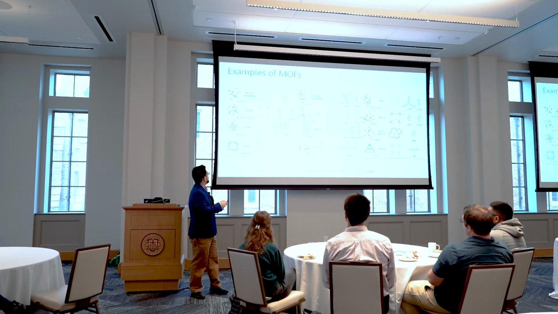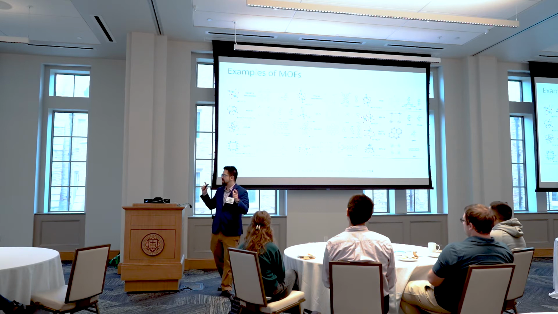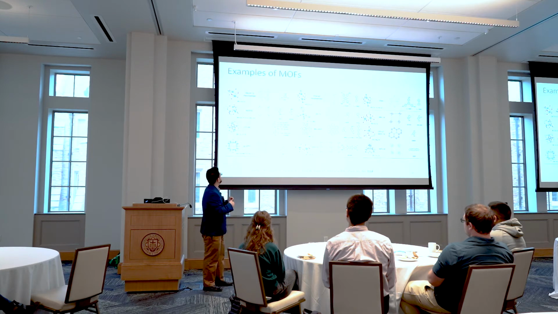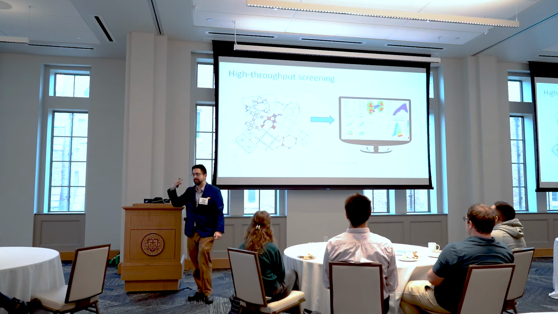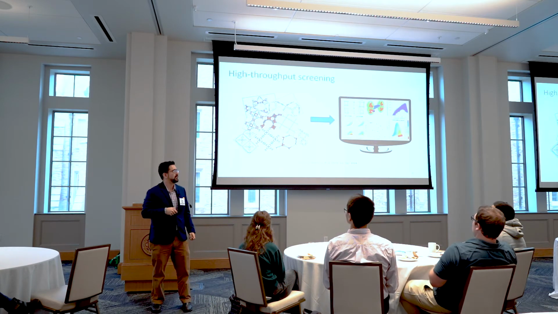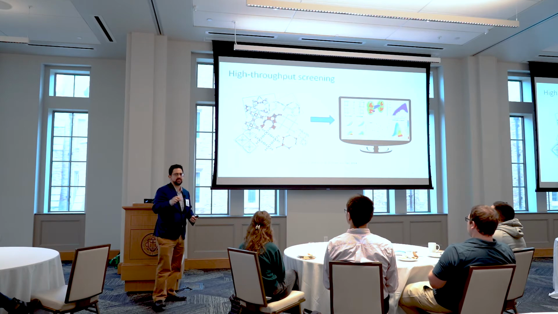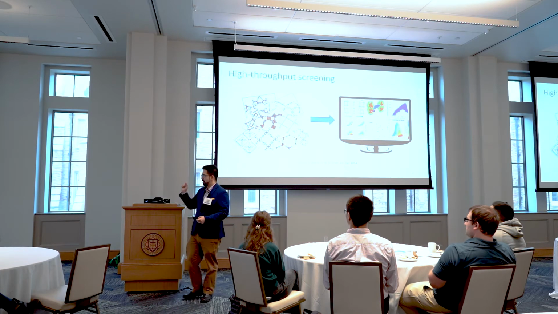And so the idea is we have a very rich space, and we can engineer these materials, if we're smart about which building blocks we pick, to get a desired material. So that's where these ideas of computational high throughput screening come into play, if we take advantage of the modular nature of those materials.